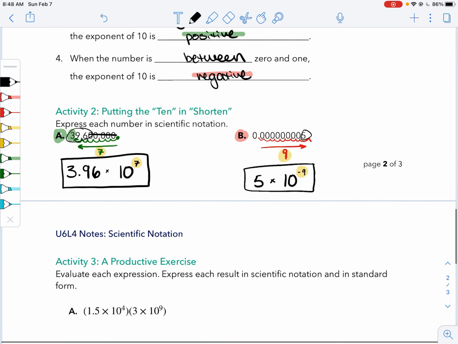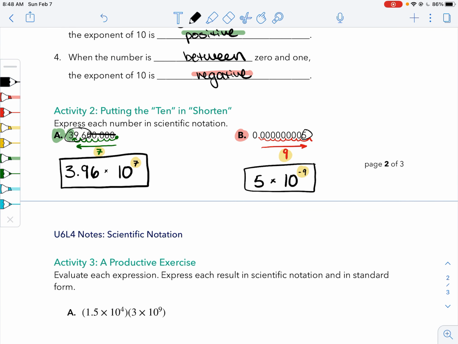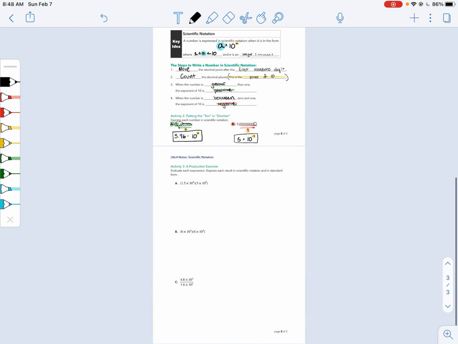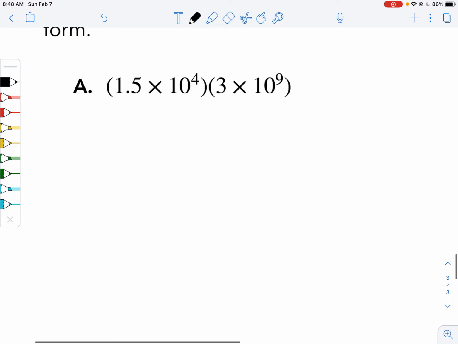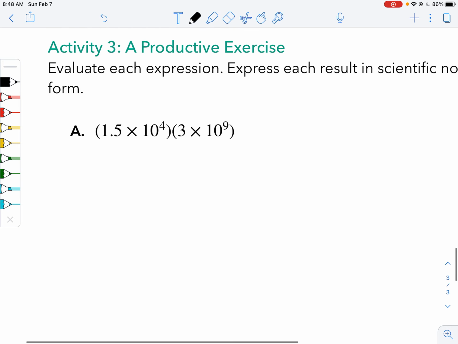Cool. Now that's great, but what happens if we have 2 numbers and we need to multiply them together? Well, let's do the same thing. I'll do one, I'll explain the steps to you, and then you'll take it. Okay, so when I look at this, I see 2 kinds of numbers. I see our between 1 and 10s, and then I see our powers of 10.